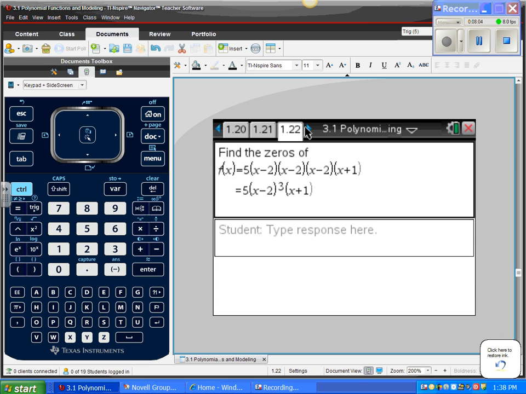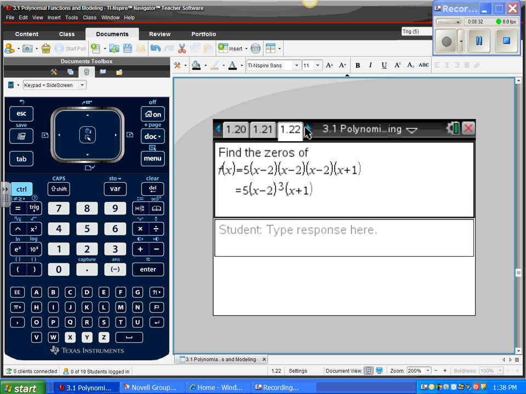Now, find the zeros of the function f of x equals 5 times x minus 2 times x minus 2 times x minus 2 times x plus 1. So we have 5 times x minus 2 quantity cubed times x plus 1, and that's just a condensed version. It's the same thing. So all we have to do in order to find the solutions is use the zero product rule.